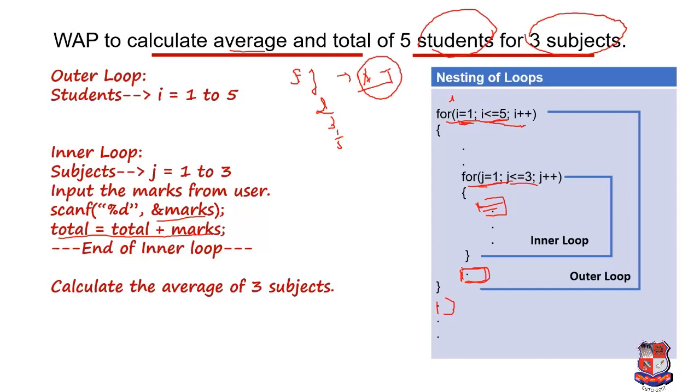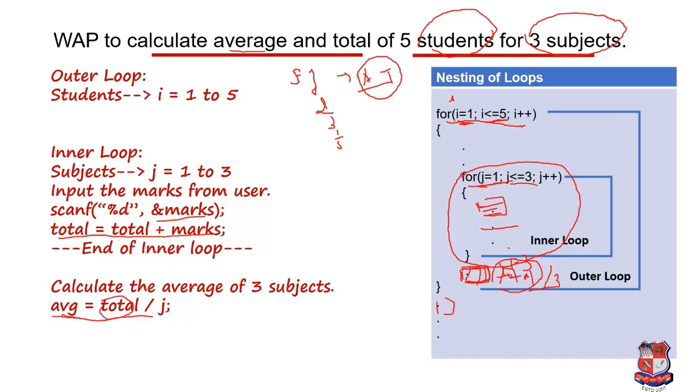So we take the equation average equals total divided by j. After executing the inner loop, the value of j is 3. Then we write total divided by 3, because the total of the 3 subjects is also stored in the variable total. This is the way through which we can find the average.